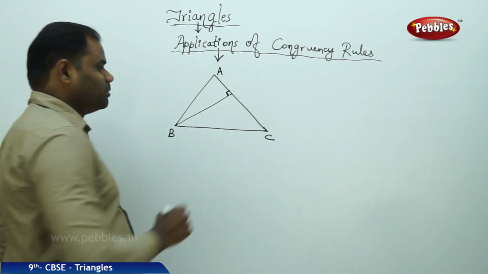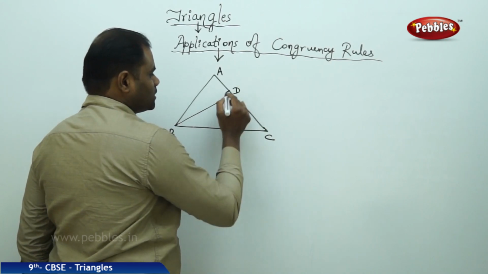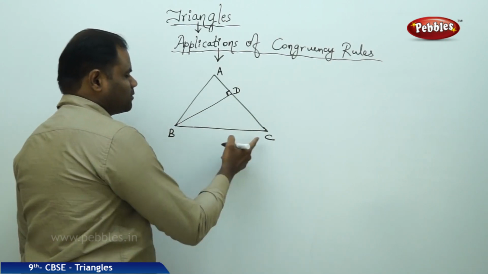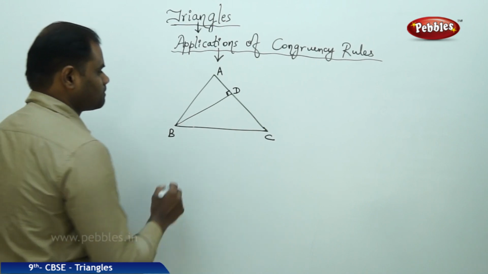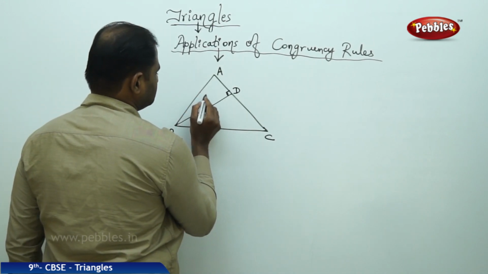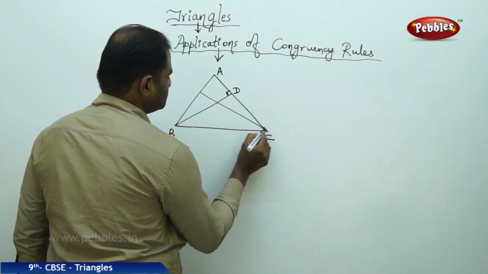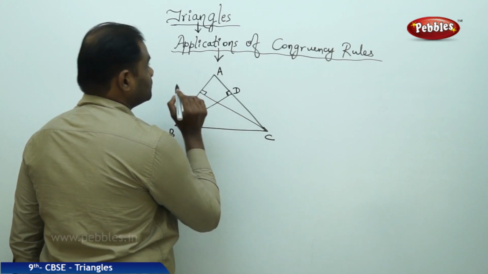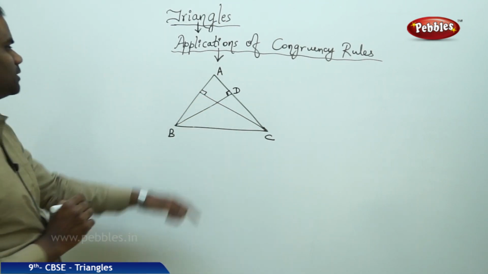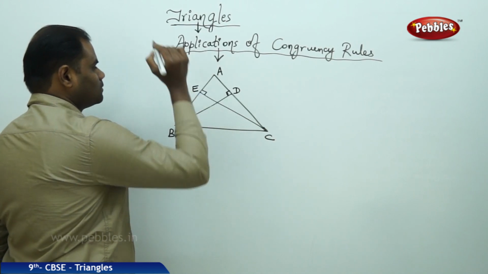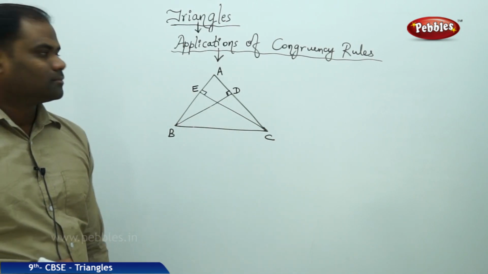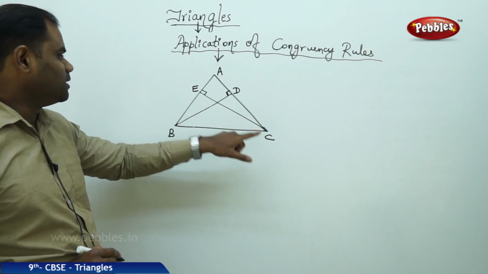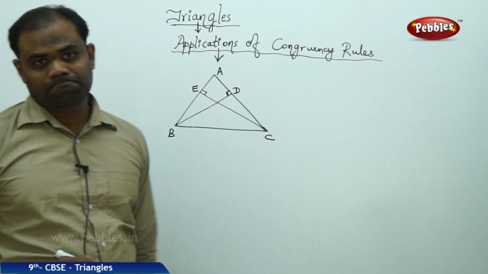The altitude from B to AC is BD, and similarly let me drop an altitude from C to AB. So I have an altitude CE. That is how I understand the altitudes BD and CE.